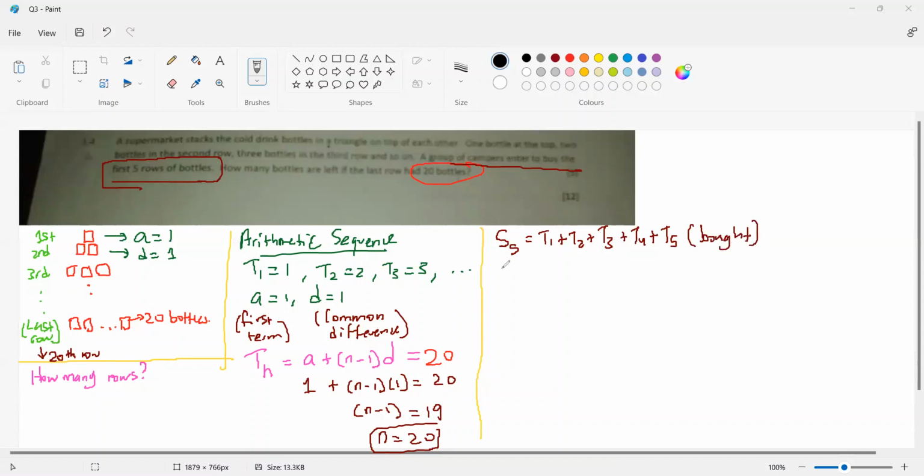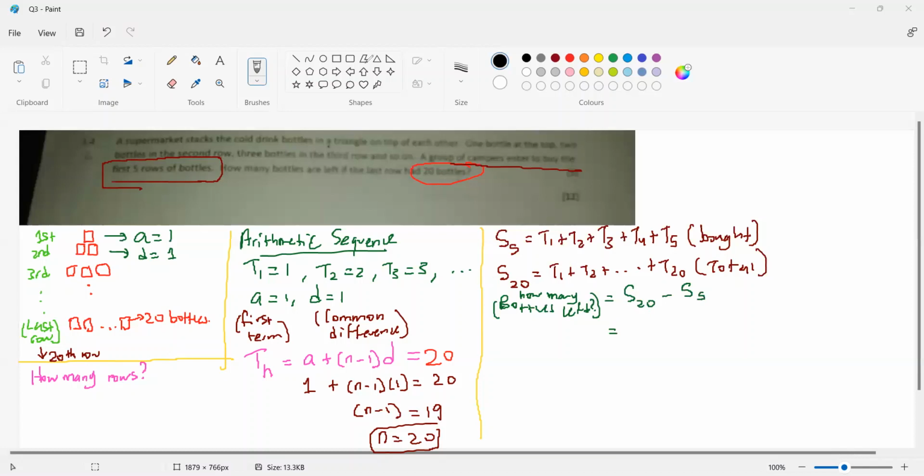The bottles in total was S20, T1 plus T2 all the way until the 20th row. So how many bottles are left is just the difference: S20, the total, minus S5.